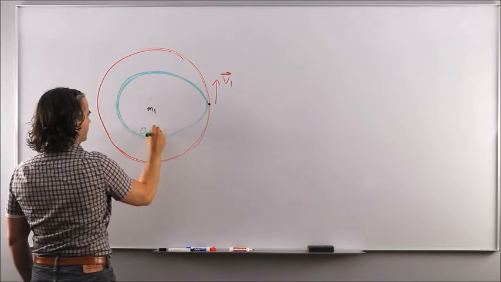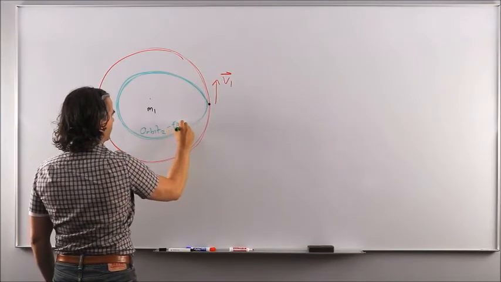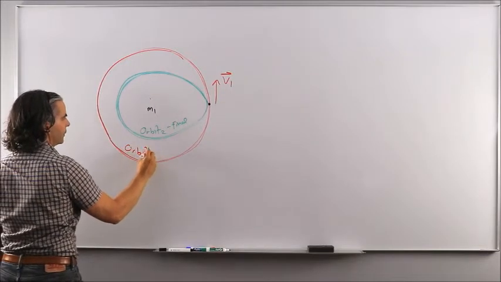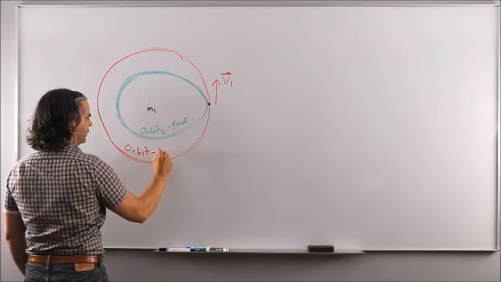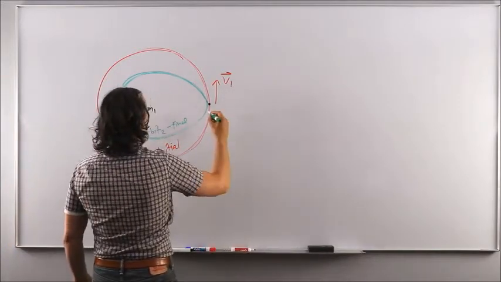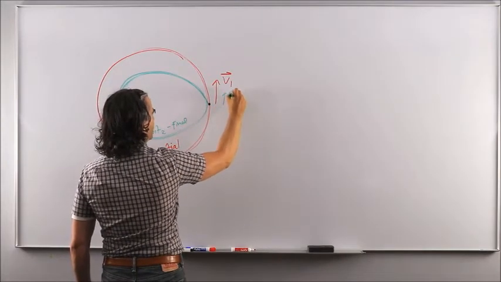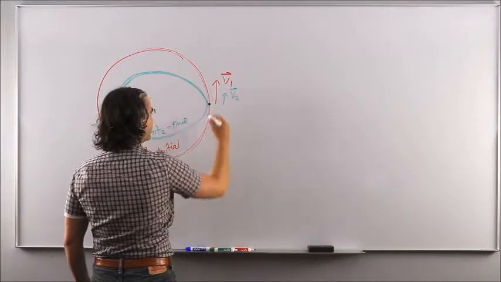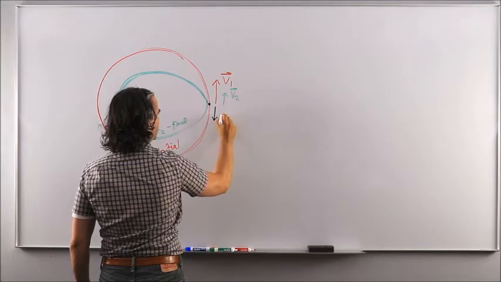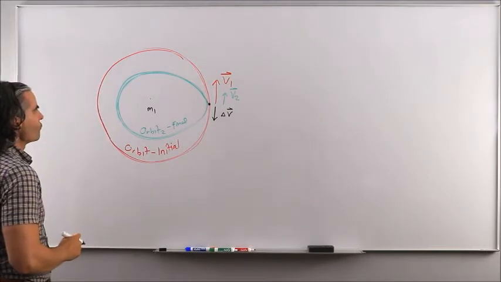So this is orbit 2, which is your final orbit, whereas the red one was orbit number 1, the initial orbit. So then V2 is smaller at this point, which means that the burn must have been in this direction. Delta V vector is retrograde, okay?